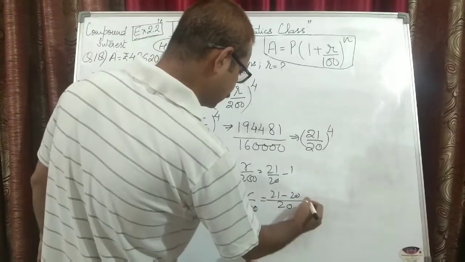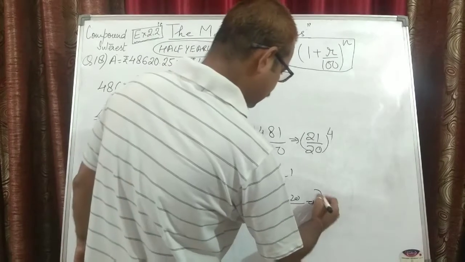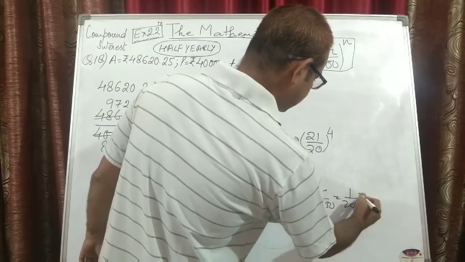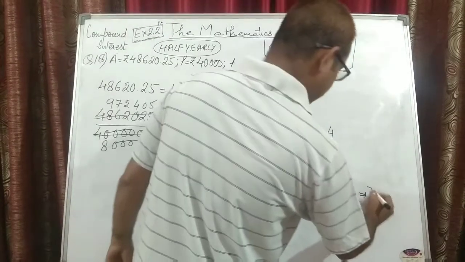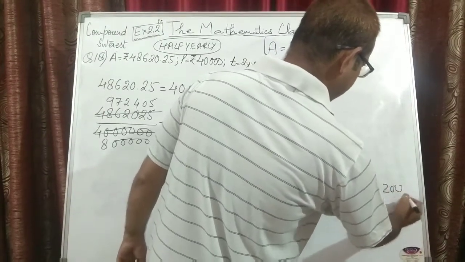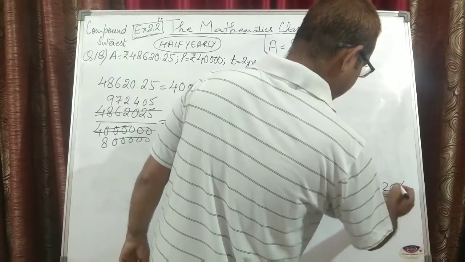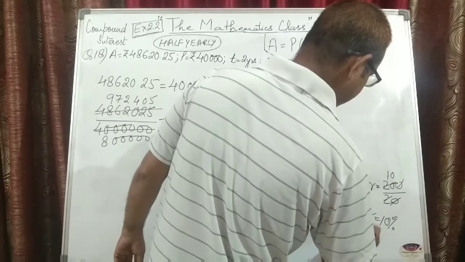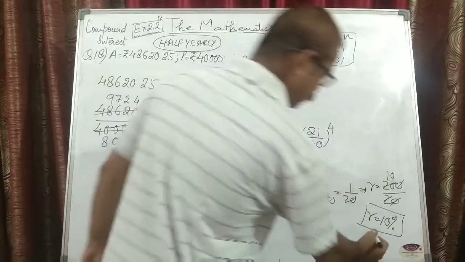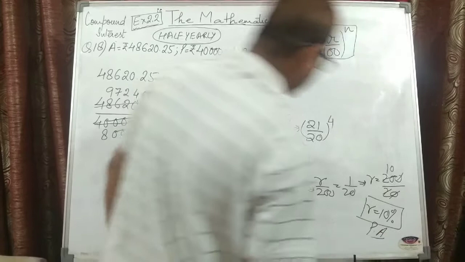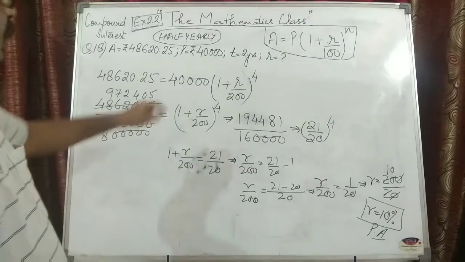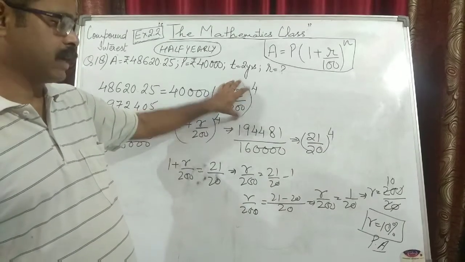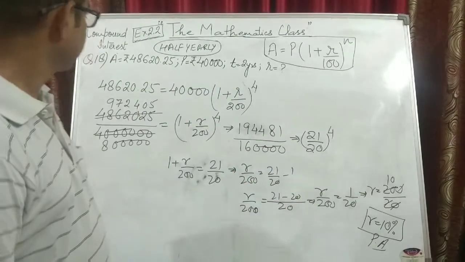Simple calculation, that becomes R upon 200 is equal to 1 upon 20, implies that R is equal to 200 upon 20, which is 10. That is, the rate of interest was 10% per annum, or per year, because I have already considered R upon 200. It means now it became per annum.